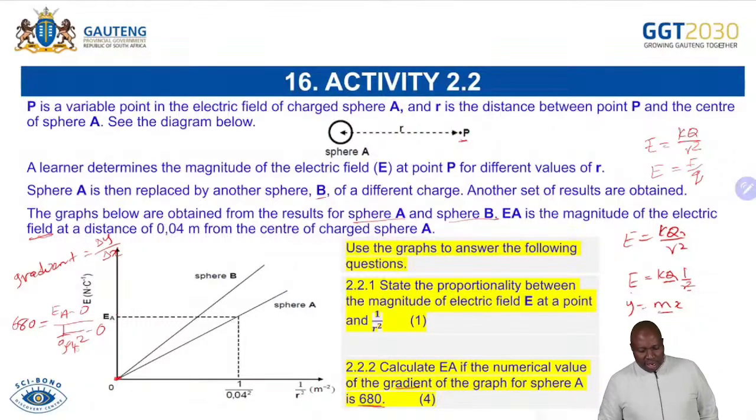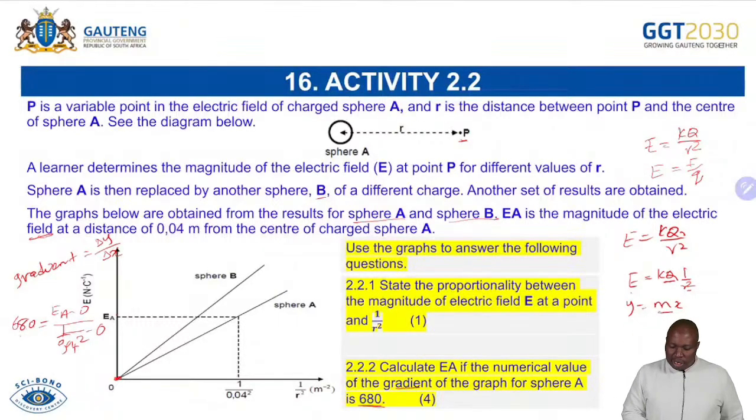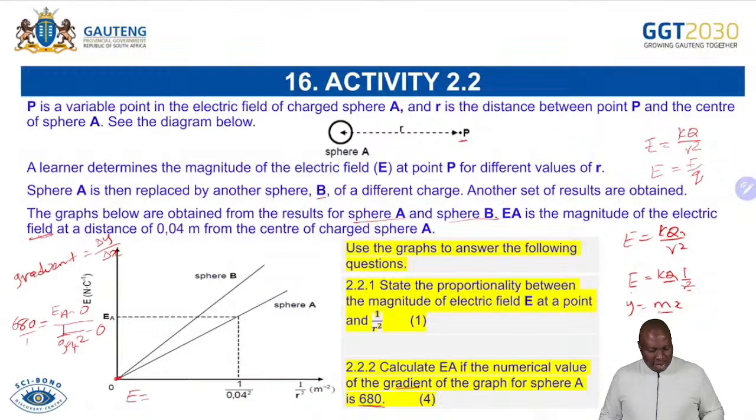So you are having that. Then definitely you have to cross multiply, so that you can get your electric field at point A. You take your calculator, you have done the calculation, you had your 680 and your 1 over 0,04 squared, and then having done everything, you are able to get your correct answer.